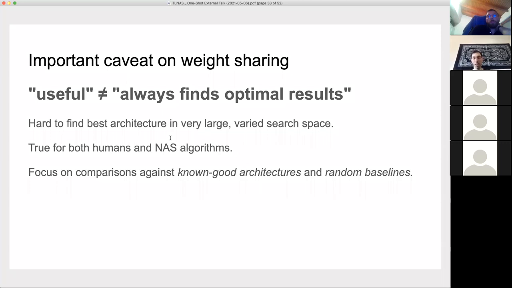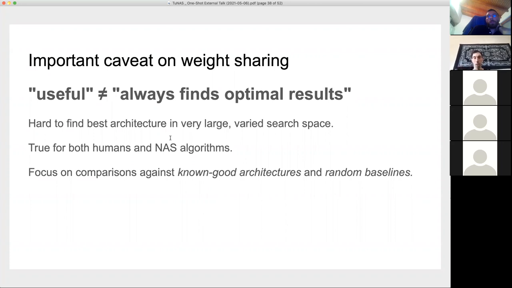And if you're actually interested in architecture search algorithms, this is probably a very good thing because it means that there's still room for improvement. But you need to be careful about where you look, because starting in a space where there's very little room for improvement, it's going to be insanely difficult to make significant improvements, no matter how good your search algorithm is.